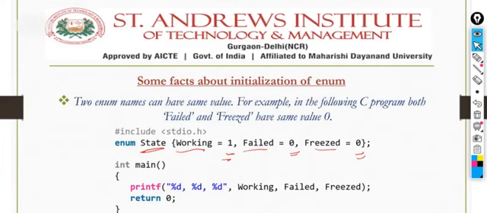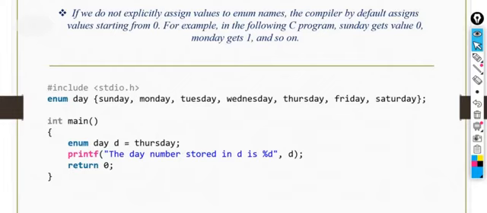Here we have initialized these names with values. The main thing is that you can initialize two names with the same value, and it will not affect anything. Then percentage d indicates integer values, and I'm printing these values here. The output of this program will be 1, 0, 0. The special thing was that you can initialize two names with the same value. The value can be anything.